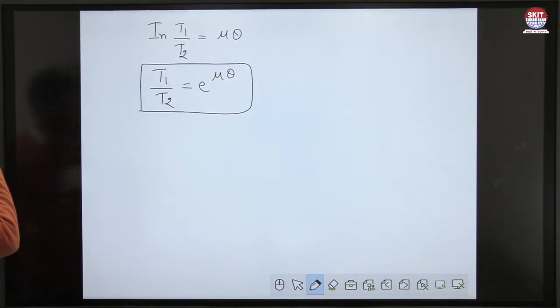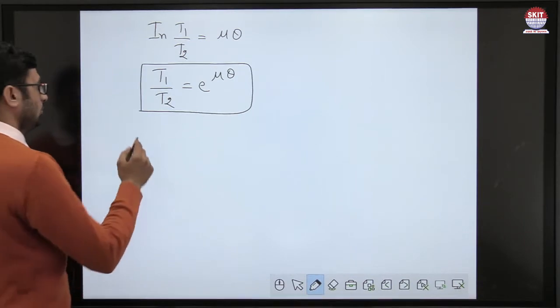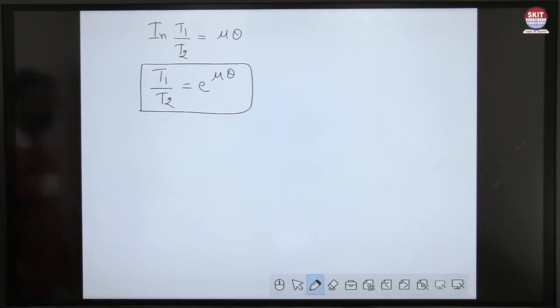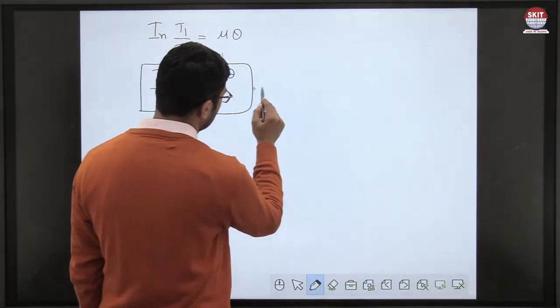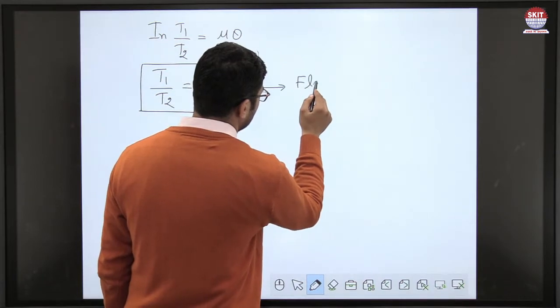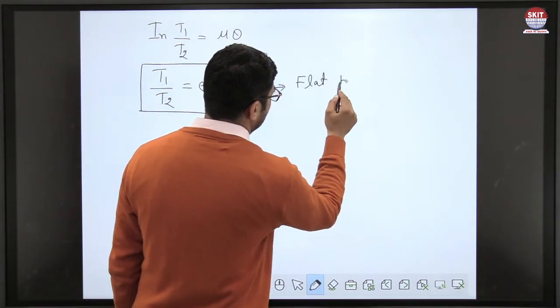This is the final derivation of the tension ratio for flat belt. This is the formula for flat belt.